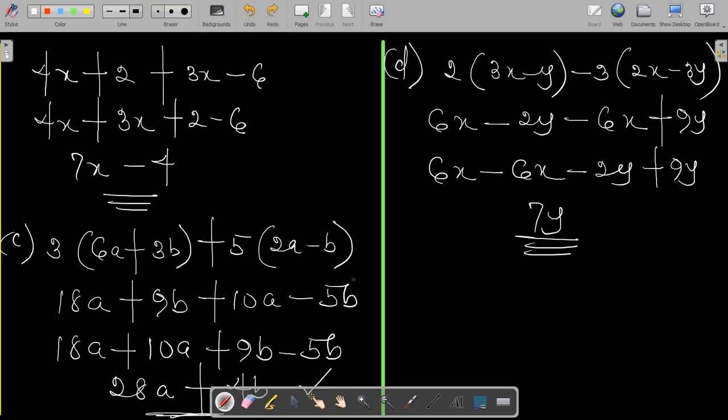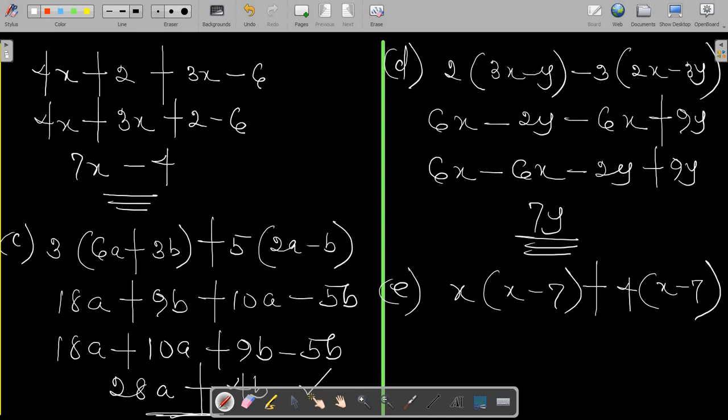So let's move on again to the fifth question. We are given x into bracket x minus 7, and actually this is plus 4 into bracket x minus 7. The first thing we still need to do is to multiply, remove the bracket as usual. So x times x, we have it to be x squared minus 7x, then this is plus 4x.